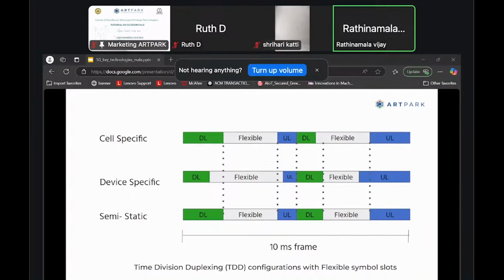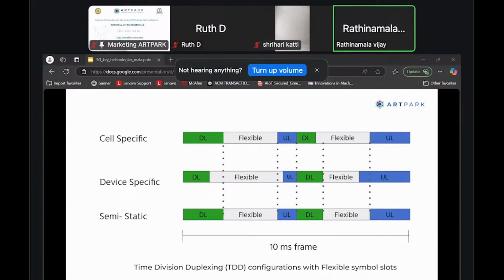This is crucial for efficient spectrum utilization. These configurations may vary depending on the deployment scenario for every cell. So the device can negotiate with the base station to use a specific TDD configuration, because that suits its environment and its application.